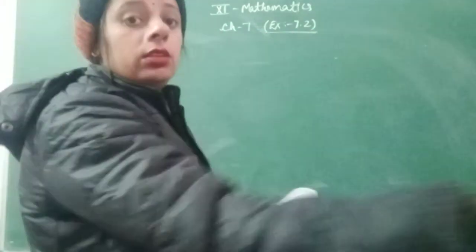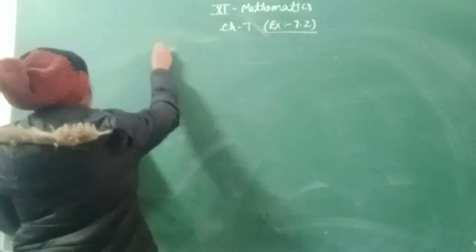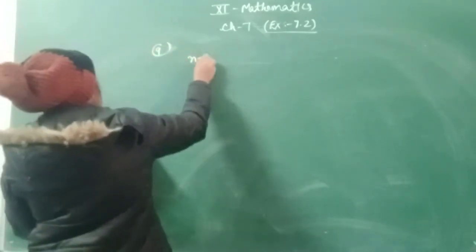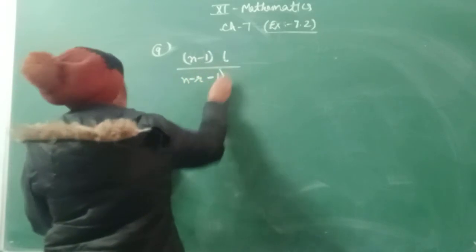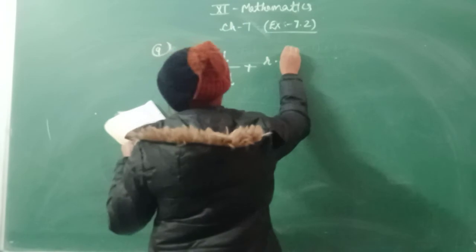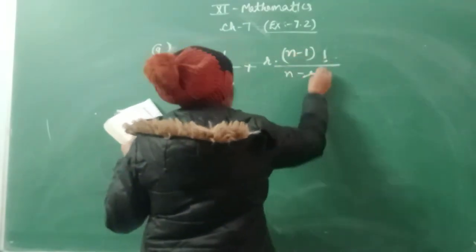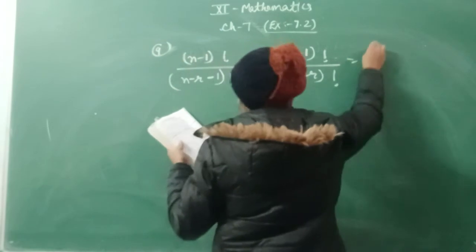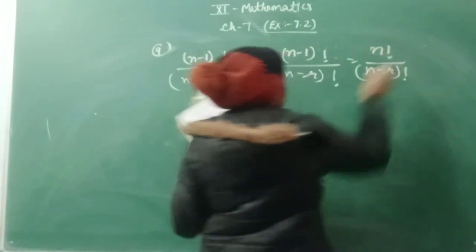Now I am taking question number 9, that is n minus 1 factorial by n minus r minus 1 factorial plus r into n minus 1 factorial divided by n minus r factorial, and on the right hand side I have n factorial by n minus r factorial.